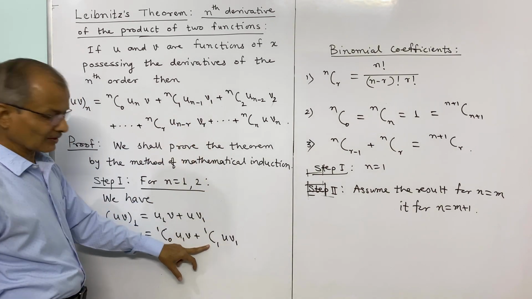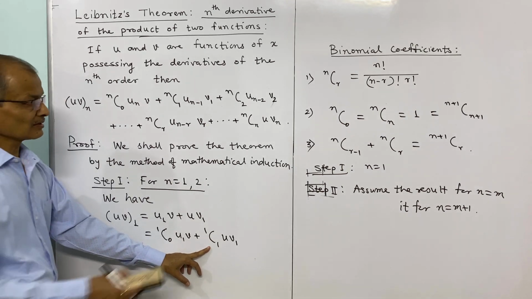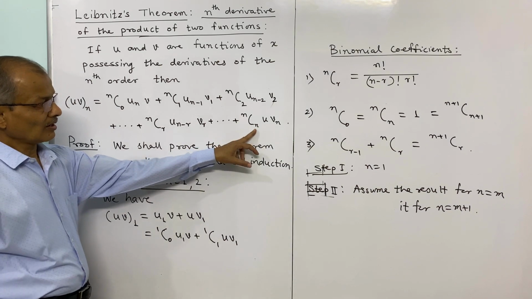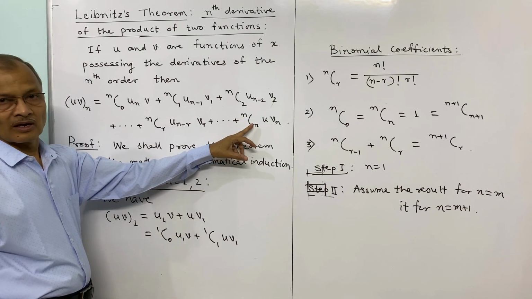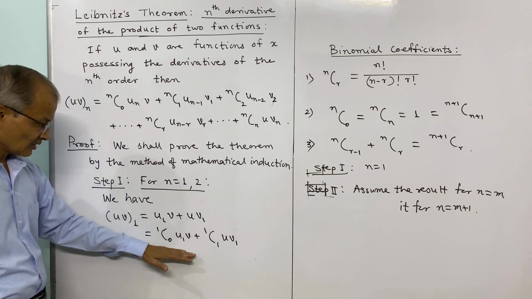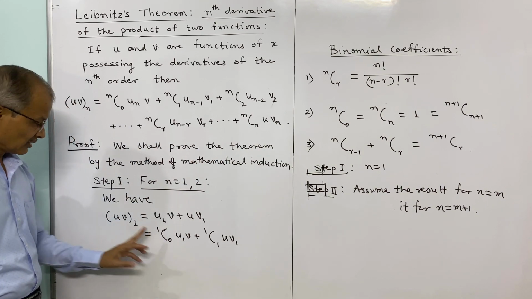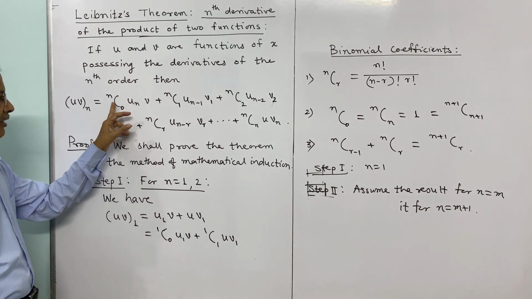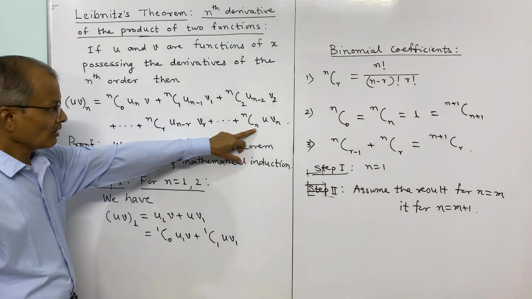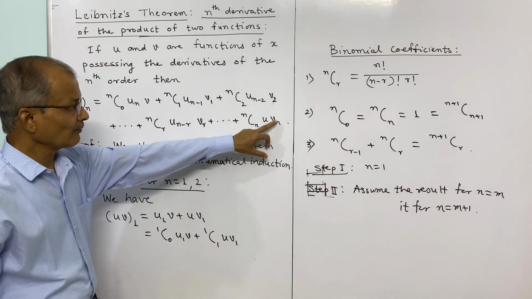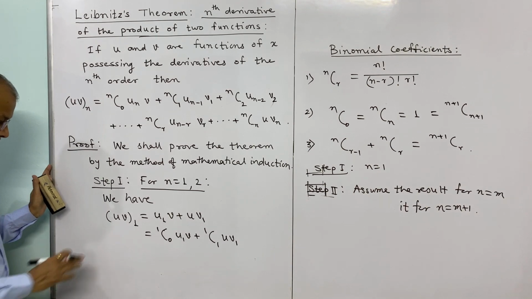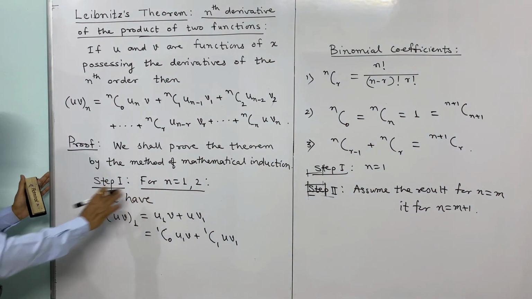And this is the last term, because the last term is n choose n. If these two numbers, suffix and affix, are equal, then that is the last binomial coefficient. So thus there are only two terms in the first derivative, and these are according to the theorem. Or you may check, this last term is 1 choose 1, u v1. So this is the same as this one, and thus this shows that the theorem is true for n is equal to 1.